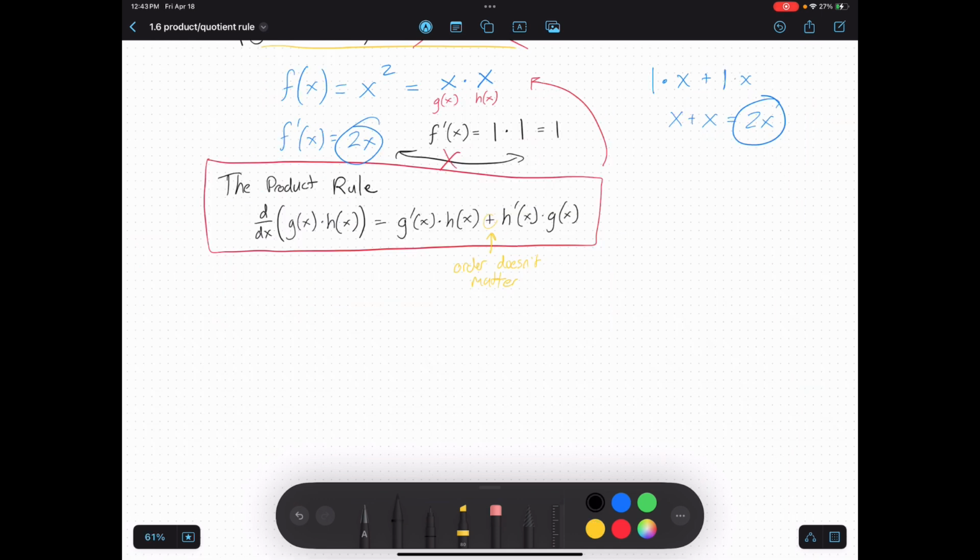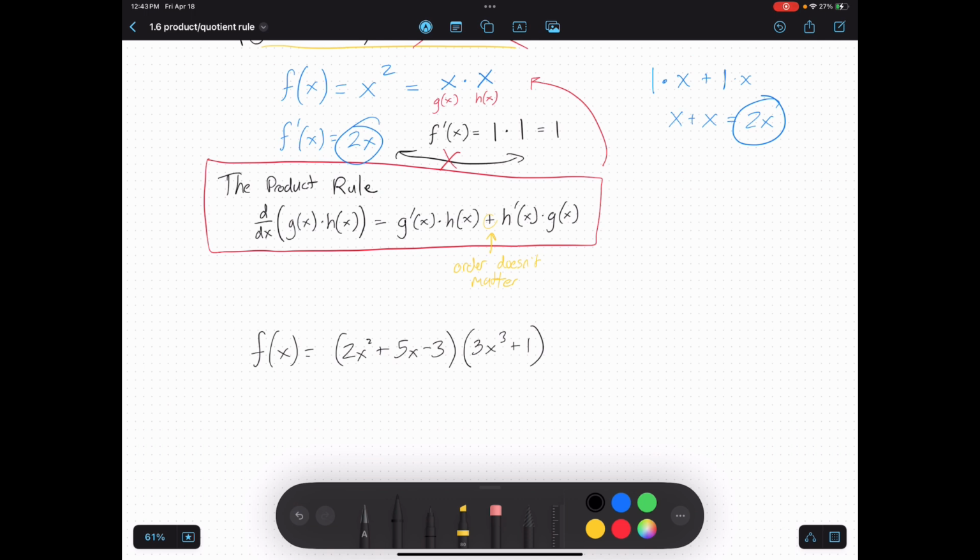But something to keep in mind so far with what we've learned, right now we only have the derivative tools to really tackle polynomials, right? So consider this example. Let's consider this function f of x is equal to 2x squared plus 5x minus 3 times 3x cubed plus 1.